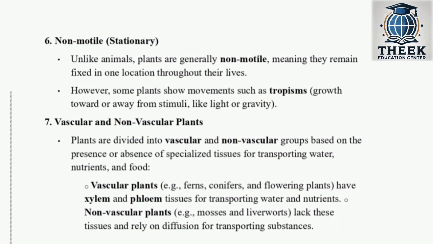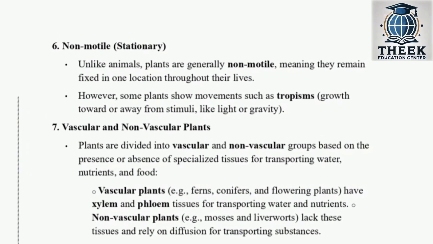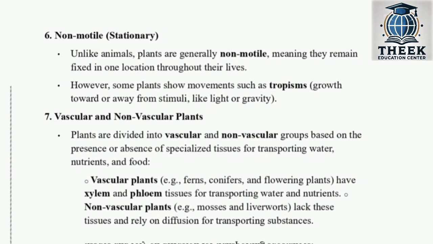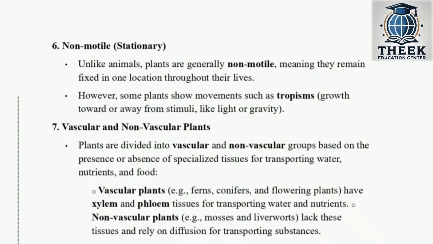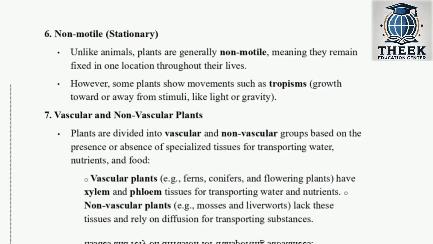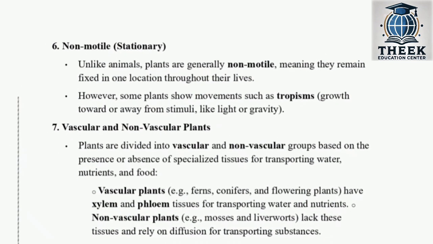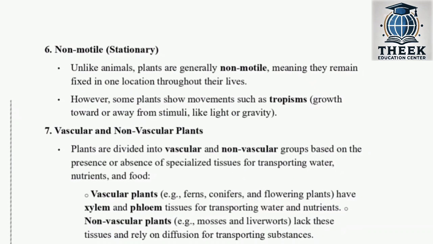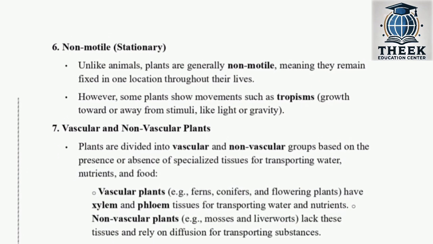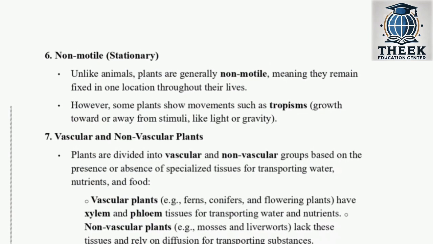Vascular plants, e.g., ferns, conifers, and flowering plants, have xylem and phloem tissue for transporting water and nutrients, while non-vascular plants, e.g., mosses and liverworts, lack these tissues and rely on diffusion for transport of substances.